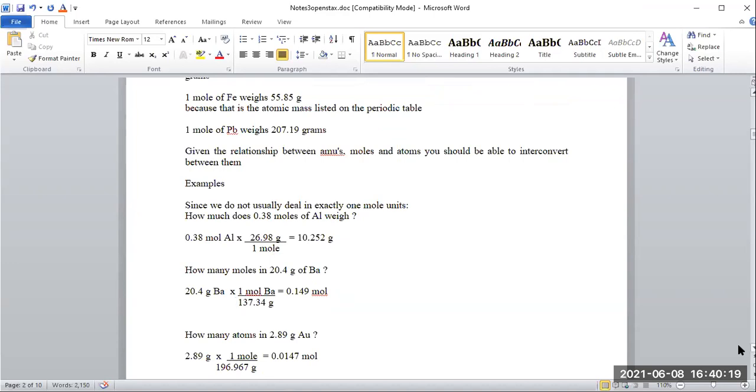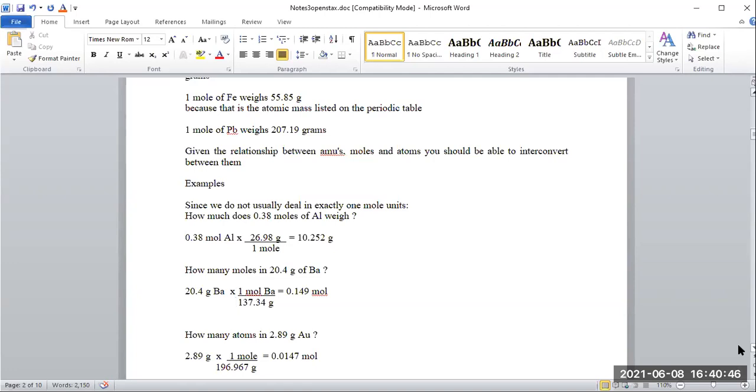What if you're going back in the opposite direction? How about if you know grams, but you need to find moles? The math is similar, but your conversion factor is reversed. I have 20.4 grams of barium. Look up barium on the periodic table.